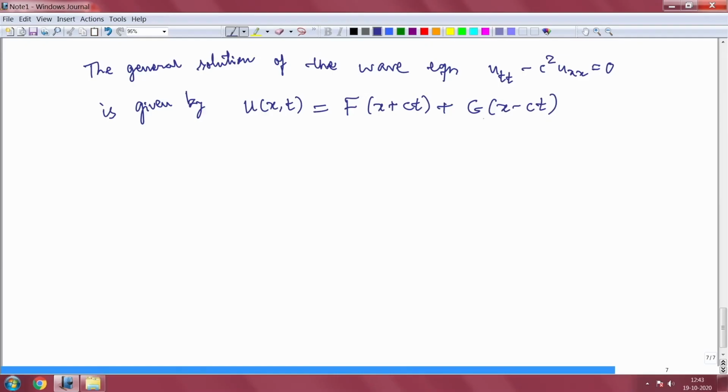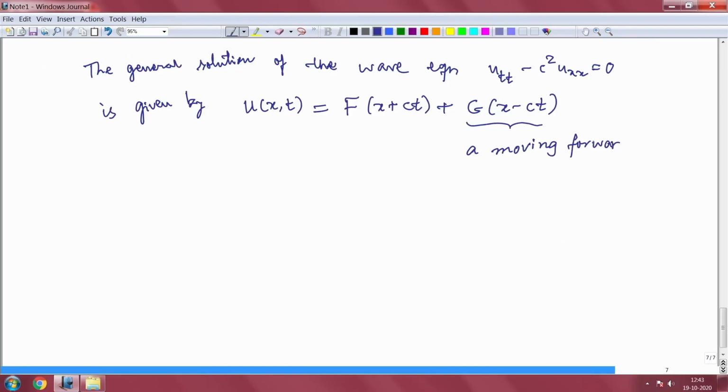So, this actually represents a wave moving in the forward direction. Okay. Maybe later I will show you some pictures.